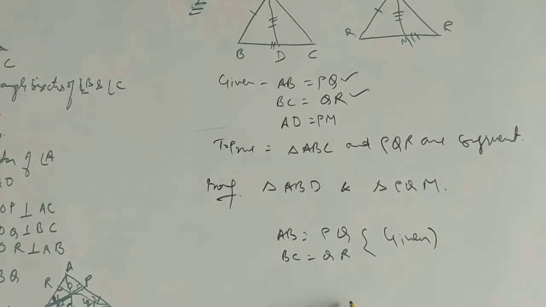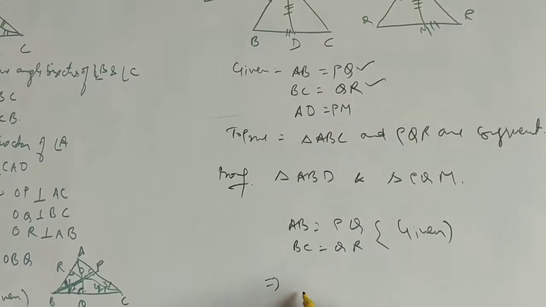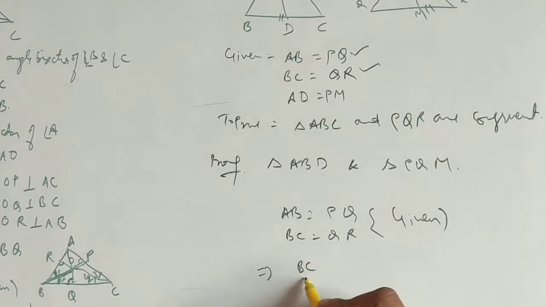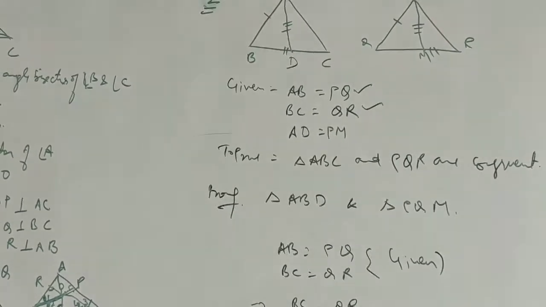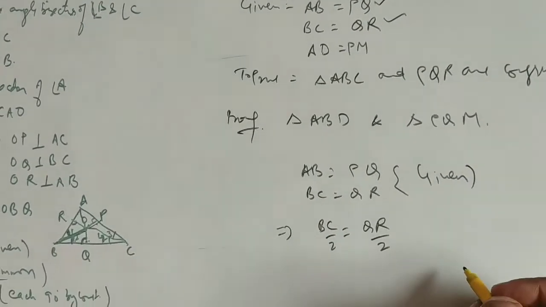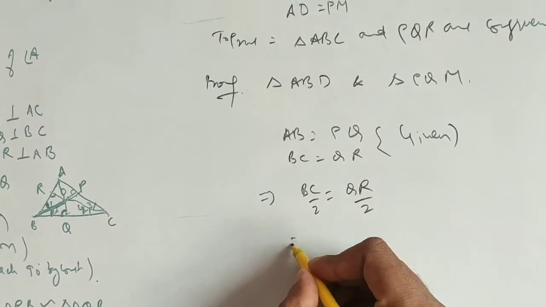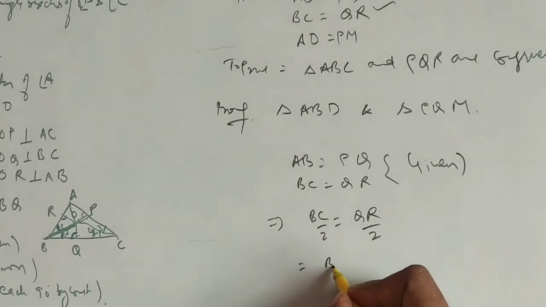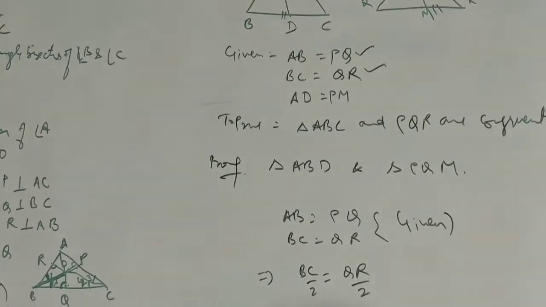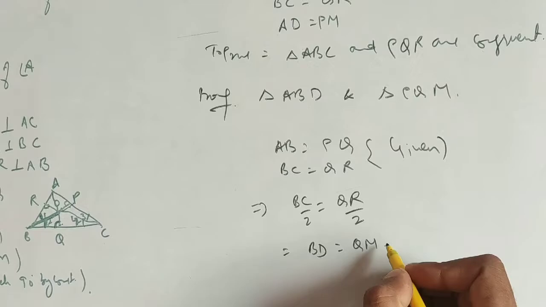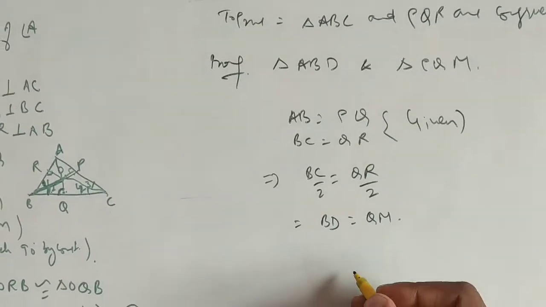And also that half of BC will be equal to half of QR. Why? Because AD and PM are the medians. Medians divides the opposite side into equal parts. So half of BC can be written as BD, and half of QR can be written as QM. Okay, so BD is equal to QM.